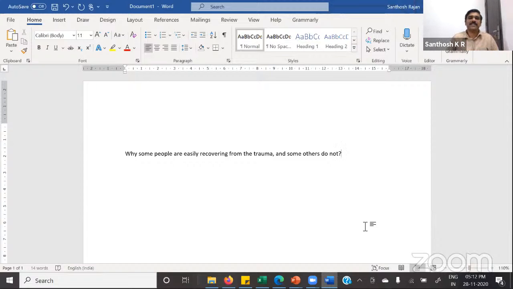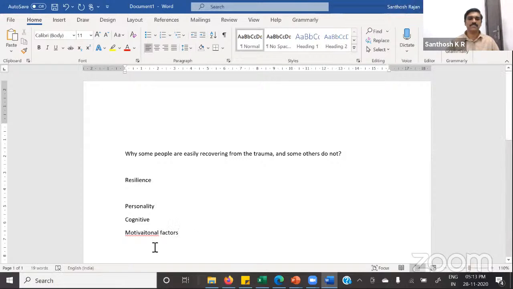When I went through the literature, I understood that some people have an inner courage called resilience, and this is what is helping them with trauma. Now, how is this inner courage helping them? What are the factors contributing to this inner courage? When I read through the literature, I found there are so many factors: some are personality factors, some are cognitive factors, and some are motivational factors.